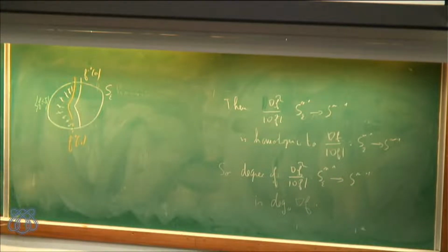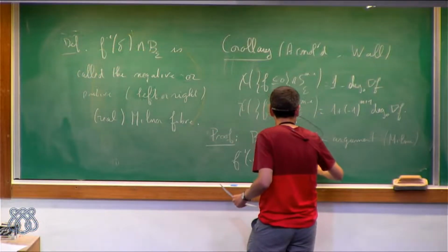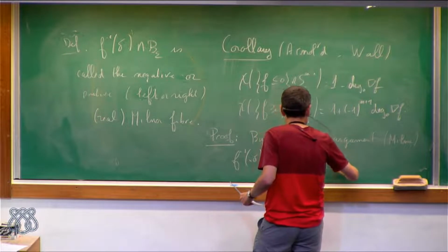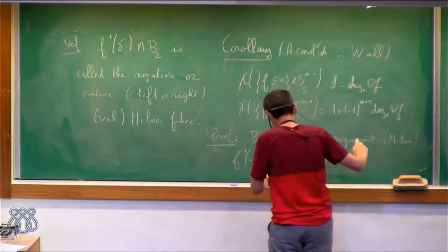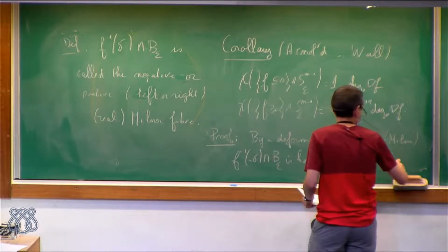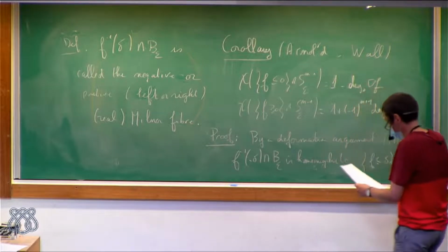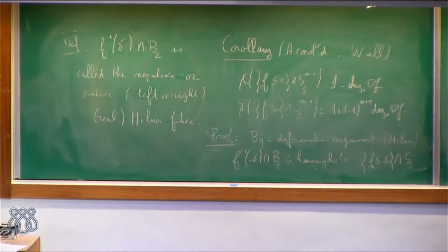Okay. So by deformation, the negative Milnor fiber is homeomorphic to f smaller than minus delta intersected with the sphere. And this part is homeomorphic to f smaller than 0, because here we have transverse intersection.